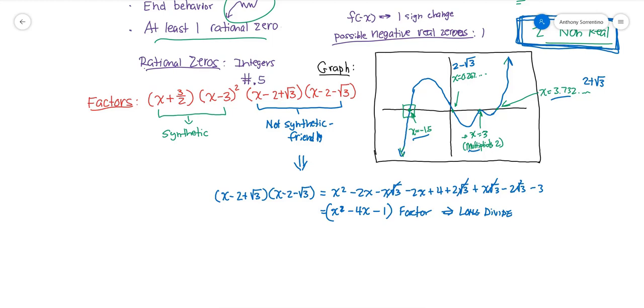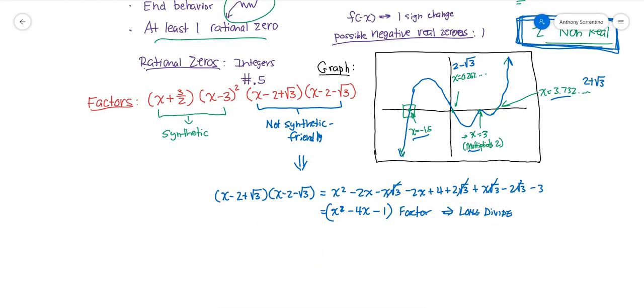If I started by dividing my original 7th degree polynomial by this square polynomial factor, it's going to take a number of steps. Whereas if I factor out these three factors, including the 3 twice, with synthetic, I'll be down to a degree 4 polynomial. And when I divide that by a degree 2 polynomial, that's far fewer steps. So that's the route I'm going to take.